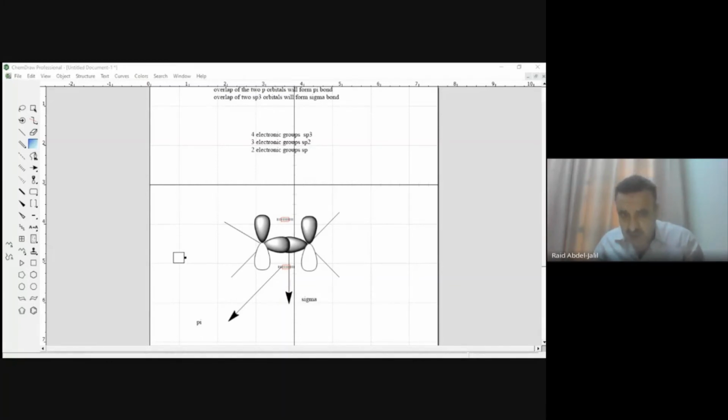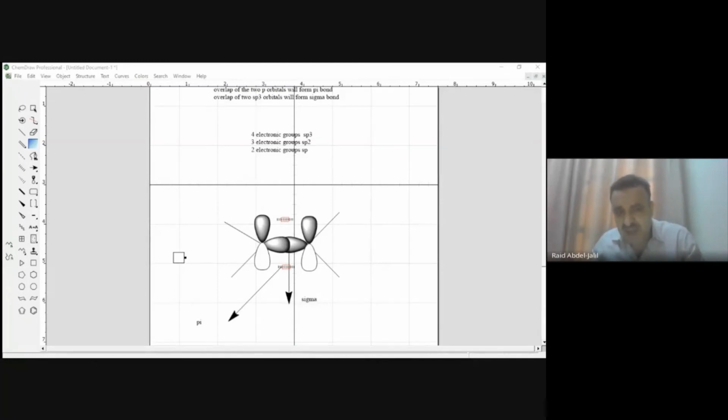The electrons in the sigma are located between the two nuclei, and therefore their attraction forces with the two nuclei will be very strong compared to the pi.